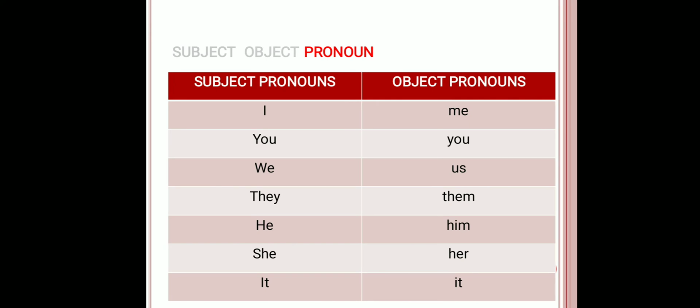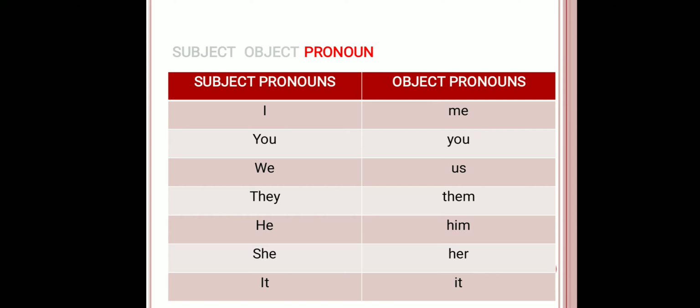I have subject pronouns, which are I, you, we, they, he, she, it. I use the subject pronoun I to refer to myself, and I use you to refer to the person I'm talking to, if it's singular or plural. We, when I want to refer to myself and another one. They, to refer to a group of people and I'm not included.